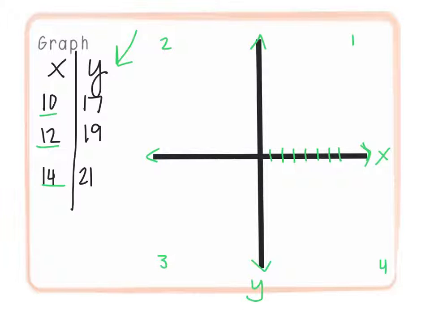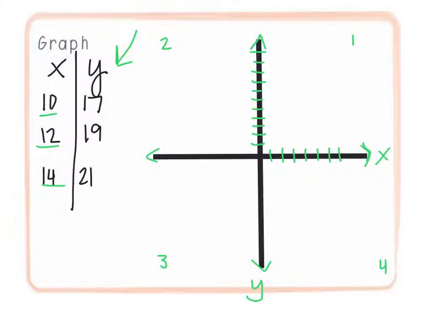And then I'll count by twos on the way up. 2, 4, 6, 8, 10, 12, 14, 16, 18, 20, 22. And I don't have any negative numbers, so I'm not even going to put tick marks to the left and down because I don't need to use them for this graph, okay? And since I just counted them out, I don't think I need to label the numbers right here.